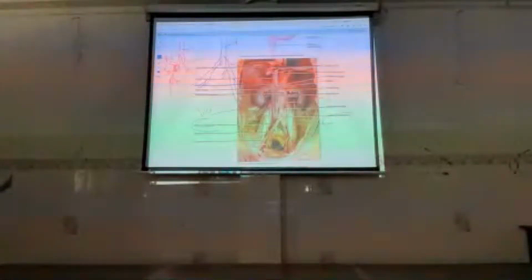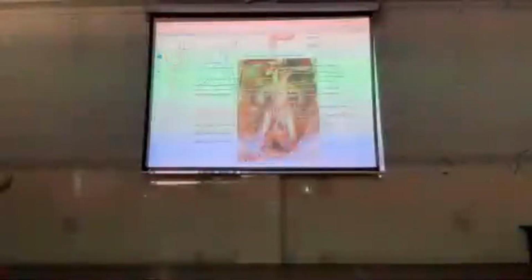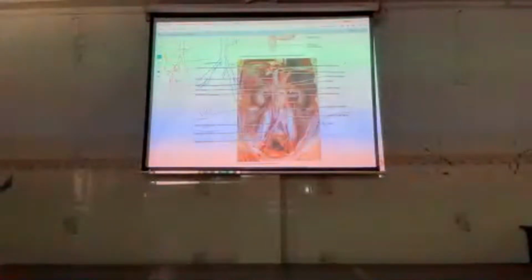We have the lumbar vein, which is supplying blood to the lumbar region. We have the renal veins, which are coming from the kidneys. We have the splenic vein. We have the hepatic vein.